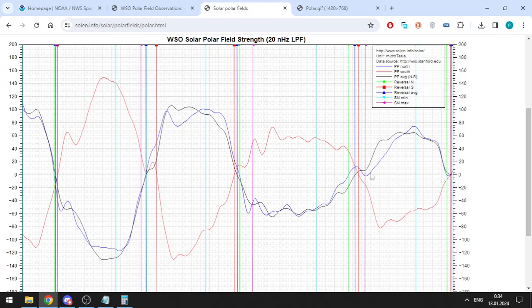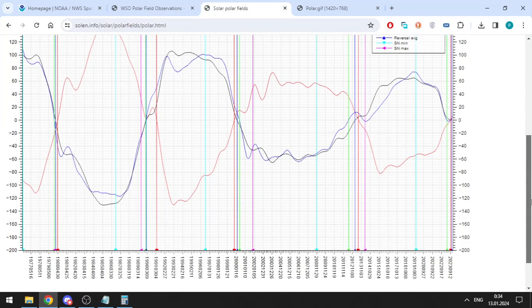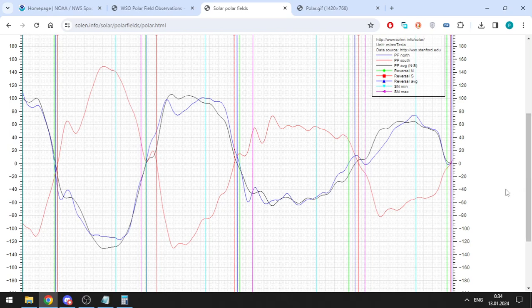When we're at zero, it means that the poles are kind of empty of fields, both poles. So all the magnetic field lines are exiting and entering somewhere near the equator, on either side of the sun. I mean, obviously it rotates, etc., but it doesn't interest us very much.